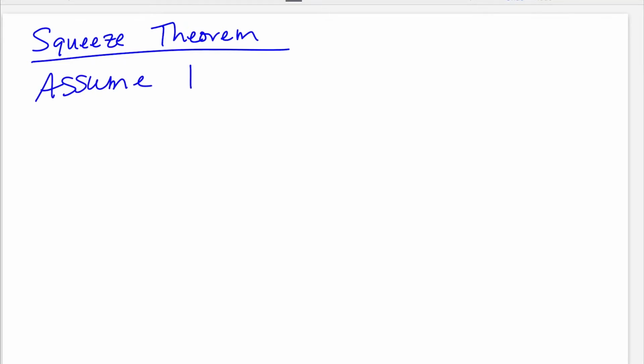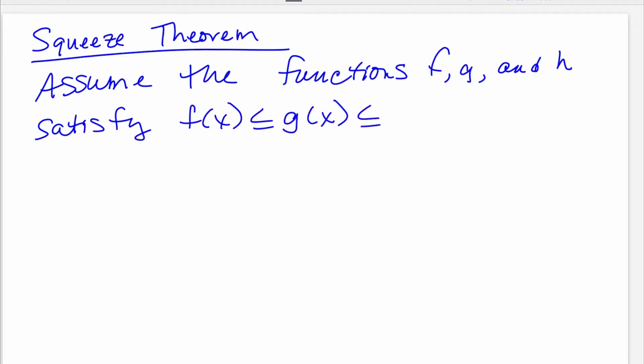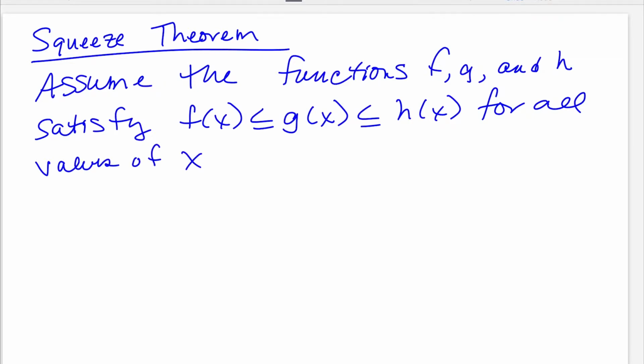We're going to assume the functions f, g, and h satisfy the fact that f of x is less than or equal to g of x, which is less than or equal to h of x, for all values of x near a, except possibly at a.